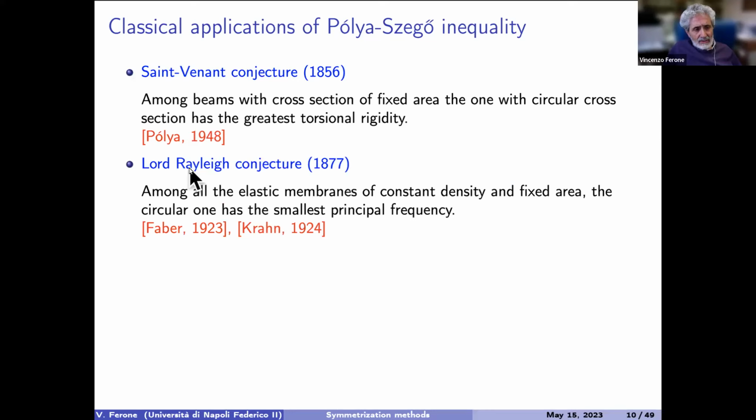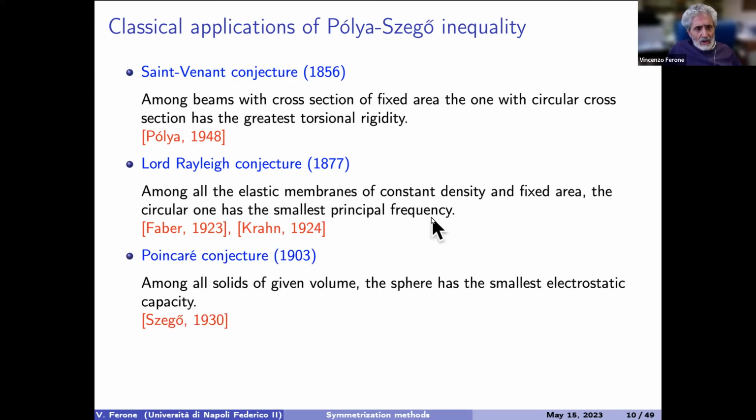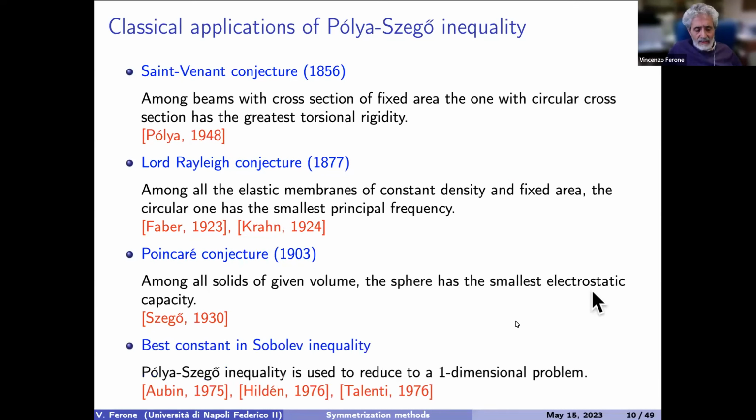Or the Lord Rayleigh conjecture concerning elastic membranes and the smallest principal frequency, which is achieved for the circle. Or the Poincaré conjecture concerning the electrostatic capacity. Also this inequality has been used in some papers in order to obtain the best constant in the Sobolev inequality. The Pólya-Szegő inequality is used to reduce the problem to a one-dimensional problem.